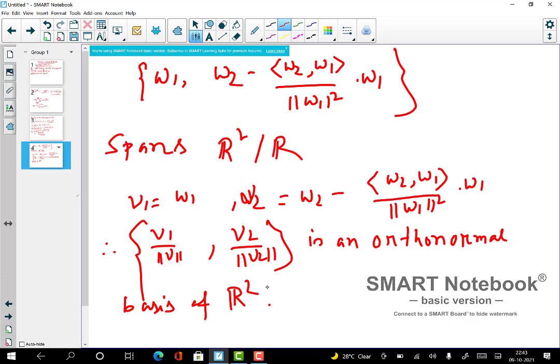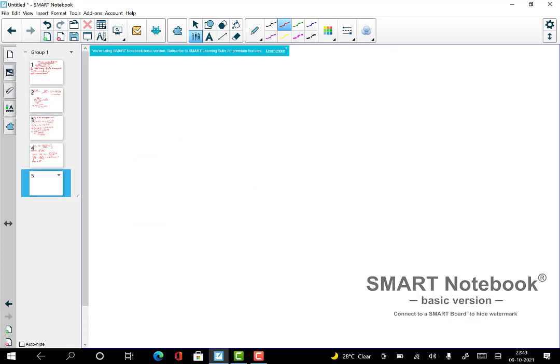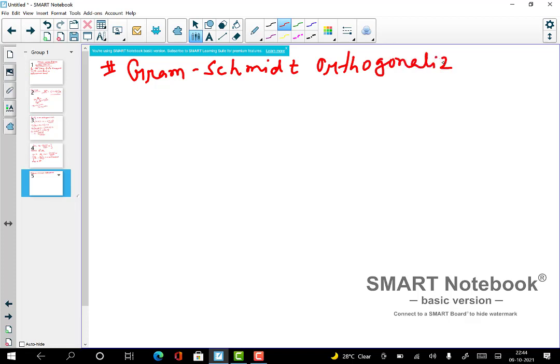Now in general also, this method is true for any finite vector space, and this process is called the Gram-Schmidt orthogonalization process. So let me write it down.